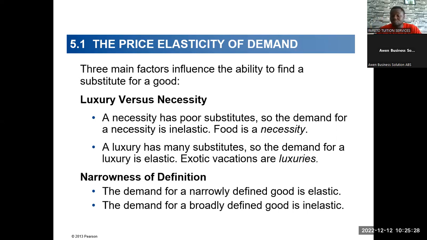So there's no good substitute for housing. But if we talk about a single room apartment, you can go for a chamber and a hall, or you can go for a 4-bedroom. I hope you are getting it. So, yes, it depends on whether you find a substitute or not. It depends on how we define the good.